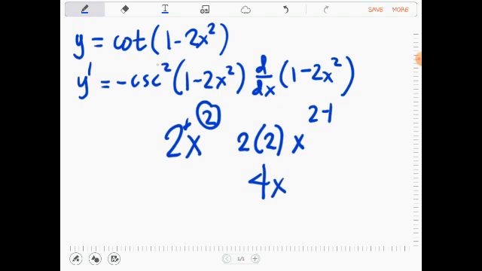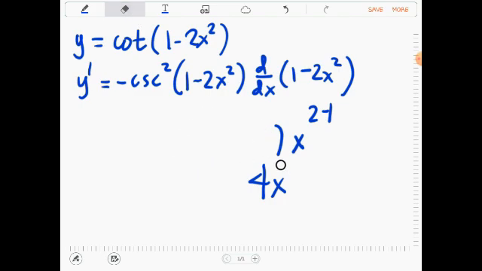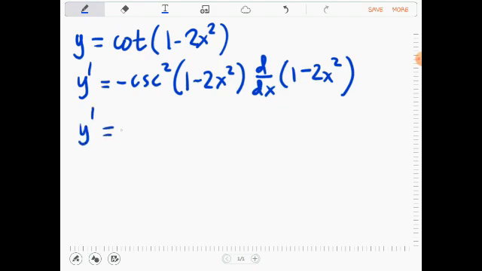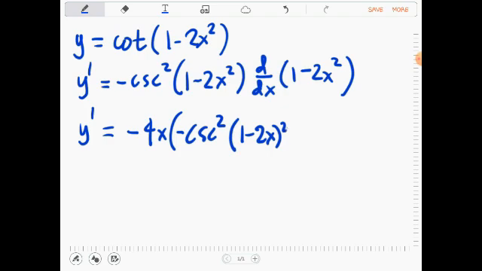Since it's negative, it becomes negative 4x. And that is equals to y prime is equals to negative 4x times negative cosecant squared of 1 minus 2x squared. Okay?